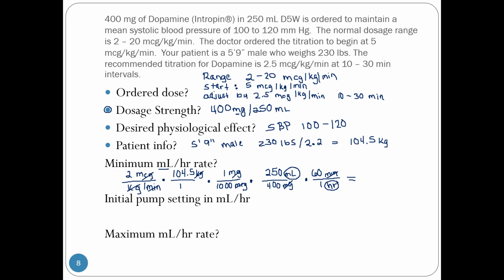We remember with dimensional analysis, we multiply straight across. So on my calculator, 2 times 104.5 times 250 times 60. And I get a huge number, and that's okay because I'm going to divide by a huge number in the denominator. So I have 3, 1, 3, 5, and 3 zeros.